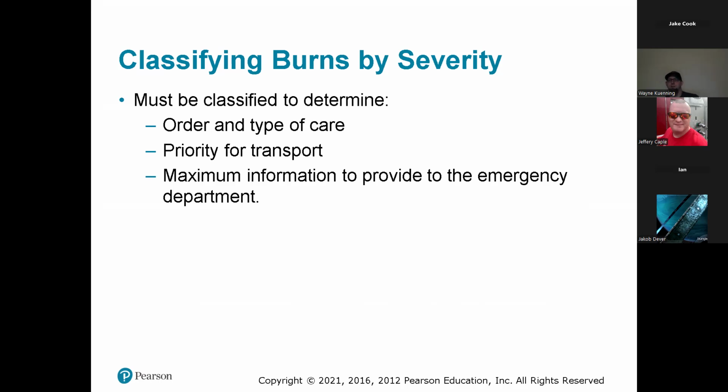The dermis is the internal layer of protection. That's going to determine your priority for transport. Anything with head, neck, chest, or airway involvement, post-haste to the hospital. And then provide the maximum information available to the hospital, especially if it's more than just fire, if it's chemical or electrical.